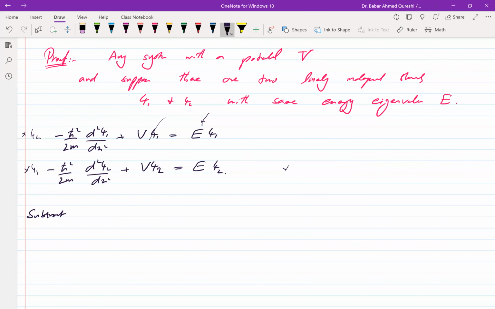So these terms will go away because I just have a product of functions. Similarly, over here I have just a product of functions, so they go away as well. And I'm left with psi 1 d2 psi 2 over dx squared minus psi 2 d2 psi 1 over dx squared is equal to 0.